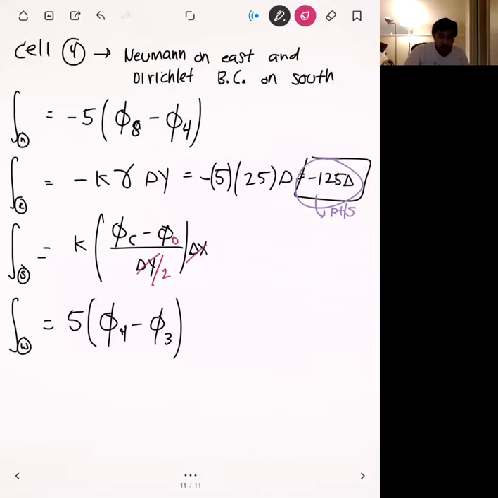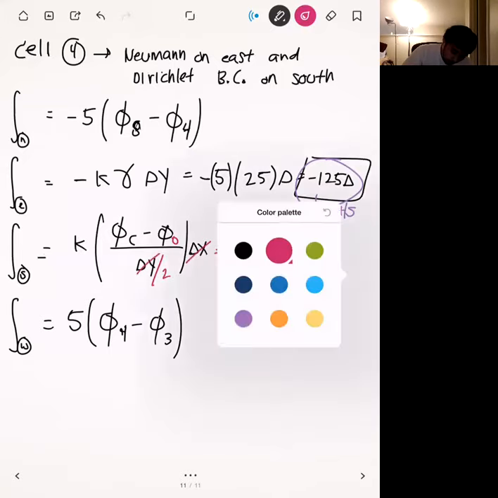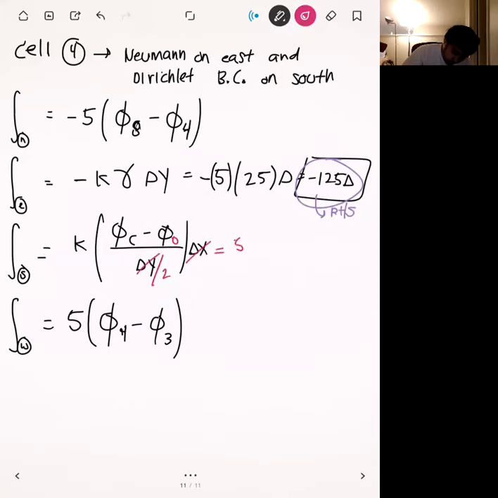The deltas are going to cancel out, and then what we get is a 5 times phi sub c, which is phi 4 in this case, minus phi naught, where phi naught is a 45. And of course, that 45 is going to move over to the other side.